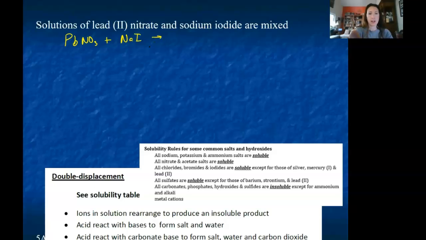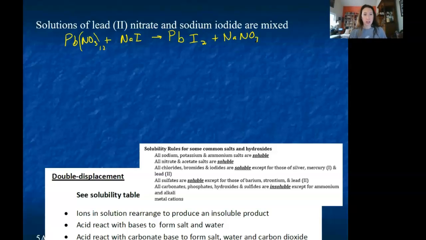And see if anybody can find that mistake that's there already. Shouldn't it be PbNO3? The nitrate needs to be a 2, very nice. Then PbI2 and NaNO3. So hopefully everyone got to that part.